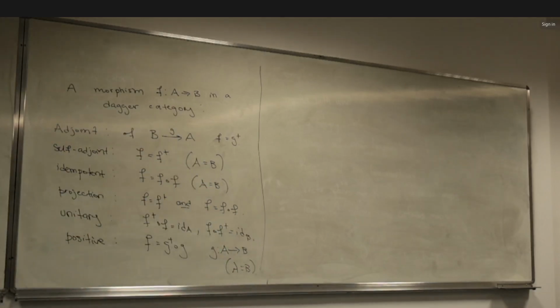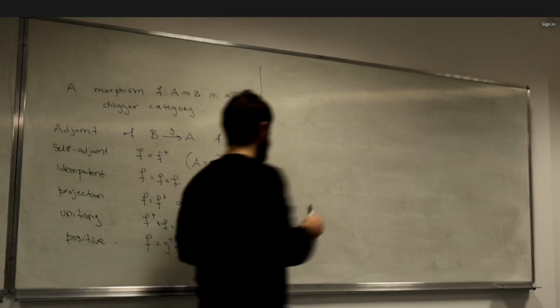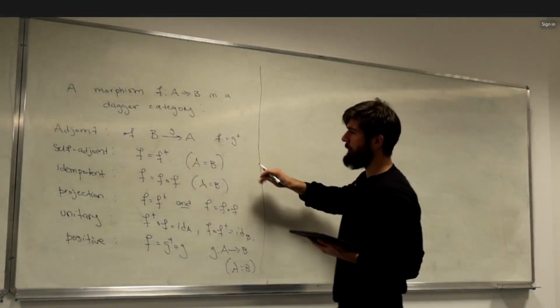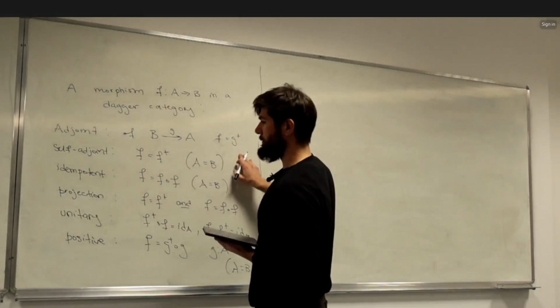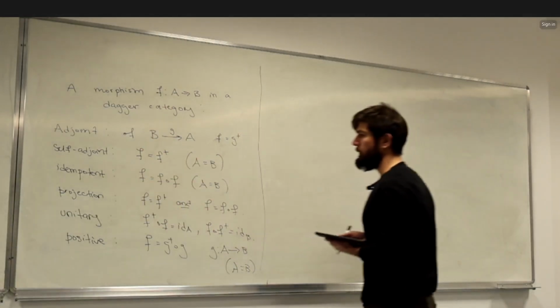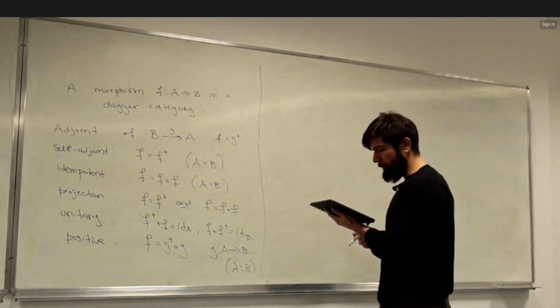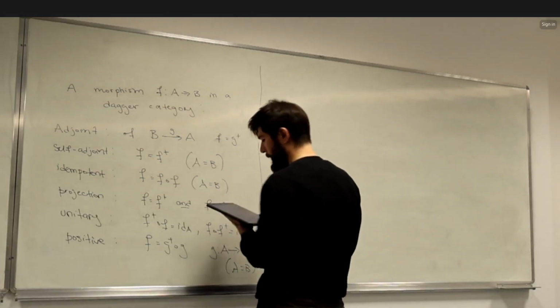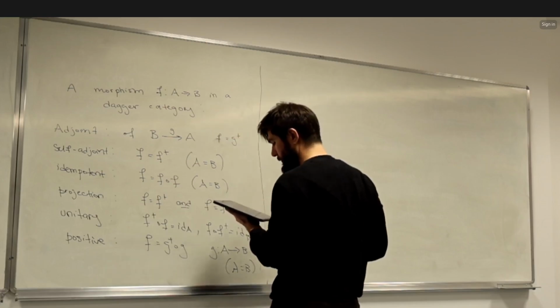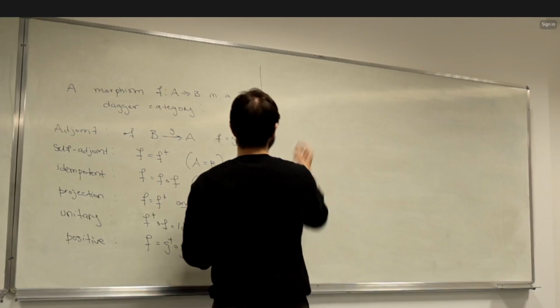Okay, we want to make sure that we can talk about all of these things, because we will later use them for developing our quantum protocols. Just to remind you from a couple of talks ago, we have some terminology here.